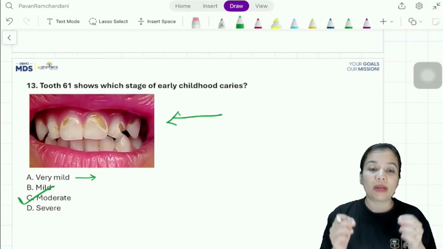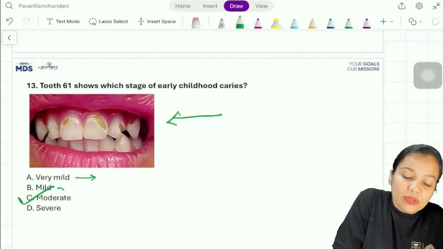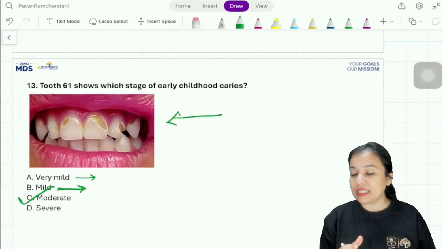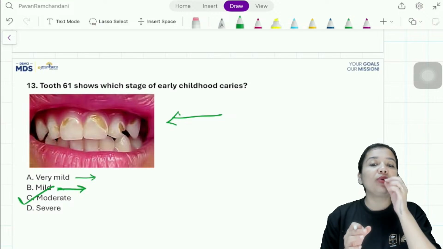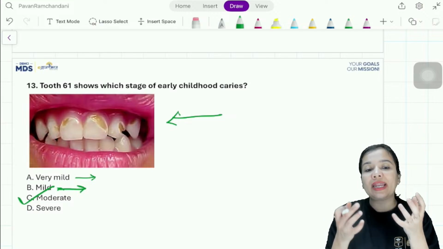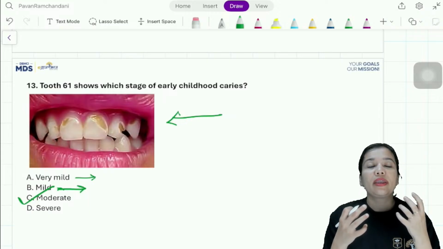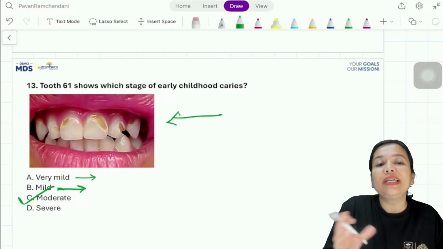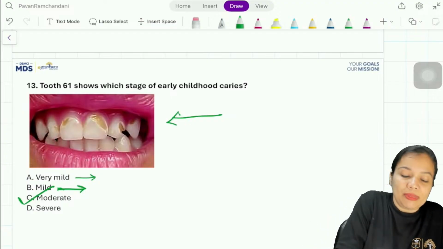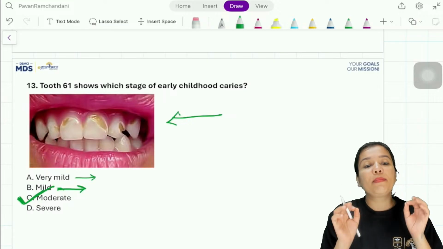Then we have mild, where you will see white opacities. But when you have brownish discoloration and slight cavitation, but the tooth is not completely disfigured or destroyed, that means it is moderate. So the answer here is C, moderate.